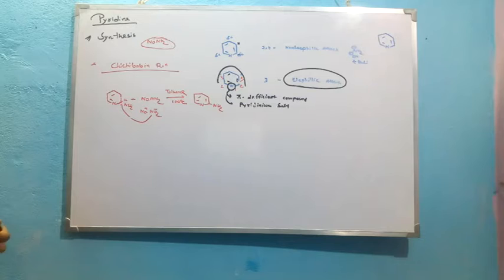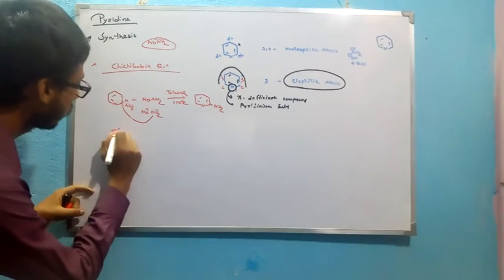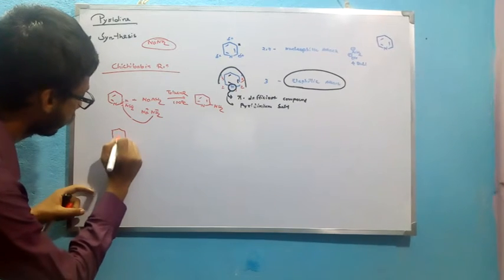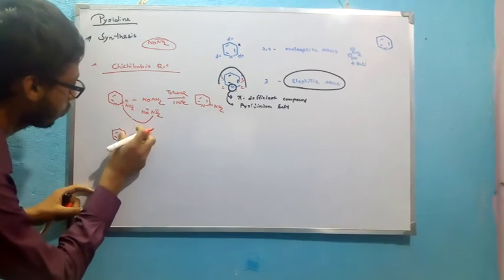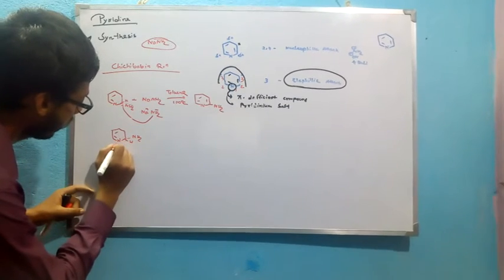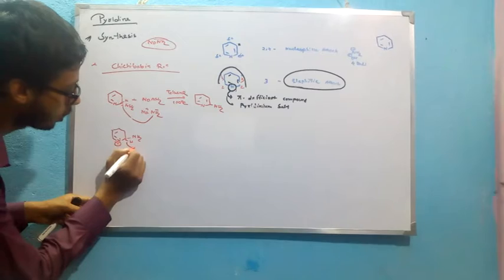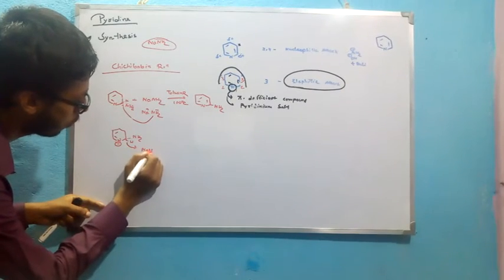And in that case, what is the mechanism of this? Let's try to understand that. When pyridine reacts with the nucleophile NH2-, a negative charge forms. Further, this hydrogen is removed in the form of sodium hydride.